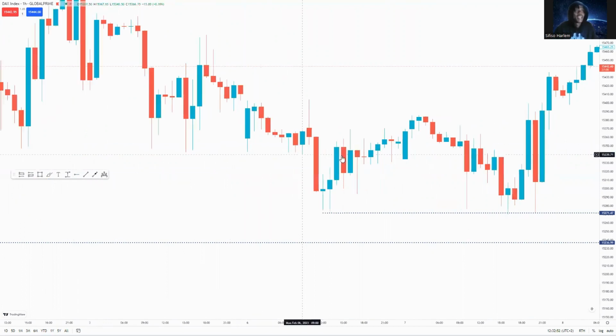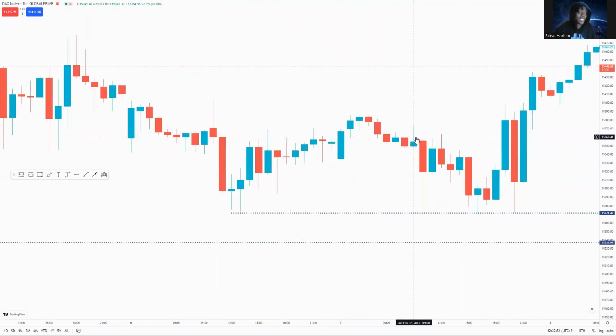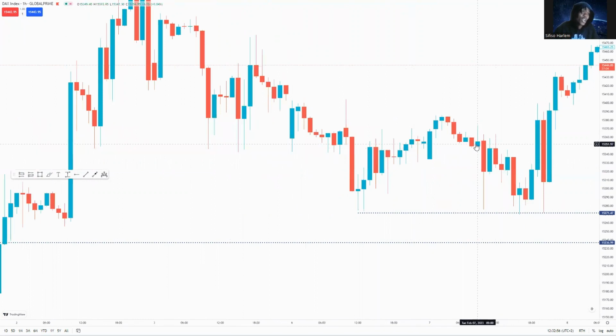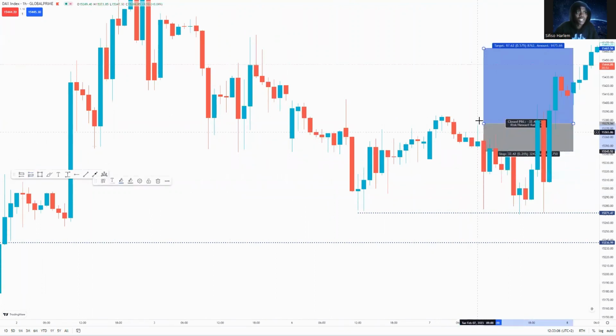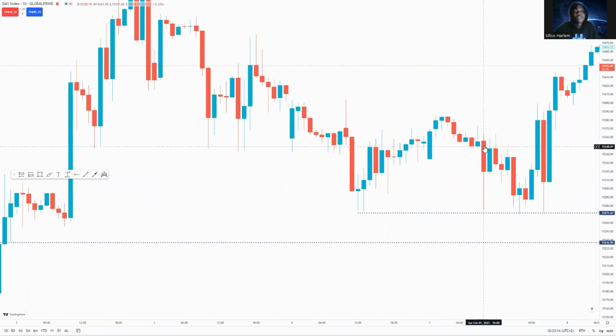So with this candlestick closing like this, all I was looking for was a continuation to the upside once our London Open trades above this pre-London candlestick.